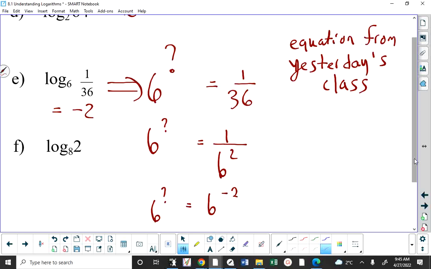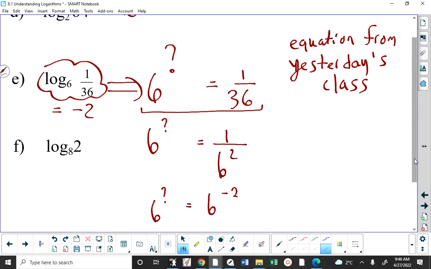Does that match what you got? And the rest of us, you may have to go a little step further and show your work here by writing an exponential equation. But again, you're taking something that you do not understand, you're rewriting it into a simpler question, something we already know how to do from yesterday.